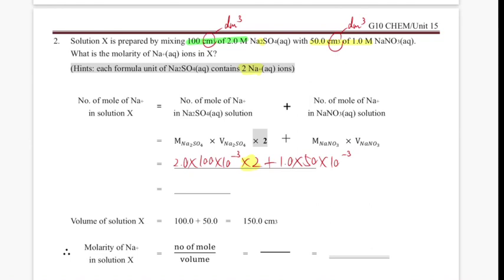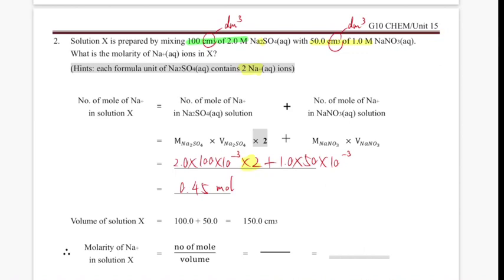Okay, so that will give us the total number of moles of sodium ions, which is 0.45 mole. And the volume of the solution, you just add the volume of the 2 solutions, so 100 cm³ plus 50 cm³, so in total 150 cm³.